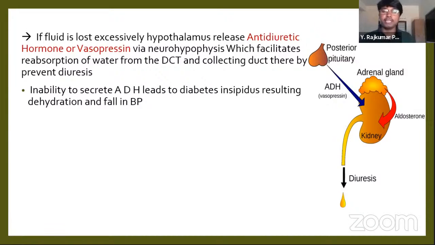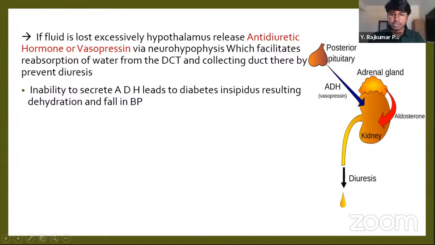Thereby it prevents diuresis, the excessive loss of water. If our body needs more water, if water is lost excessively, what happens? The reabsorption takes place by the hormone called antidiuretic hormone.